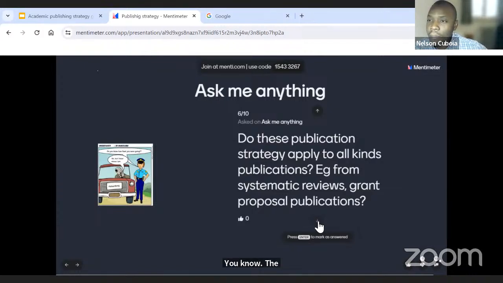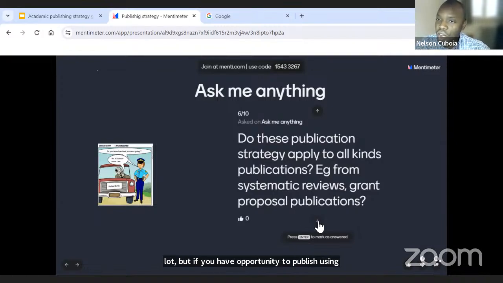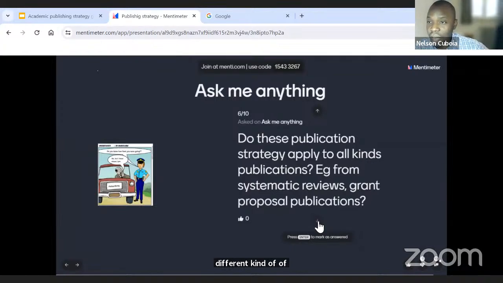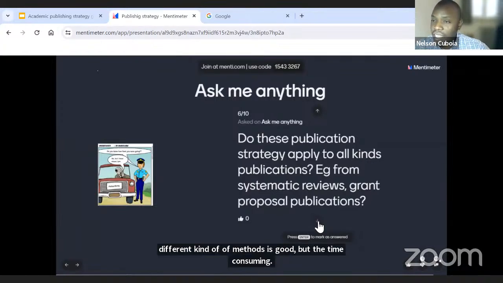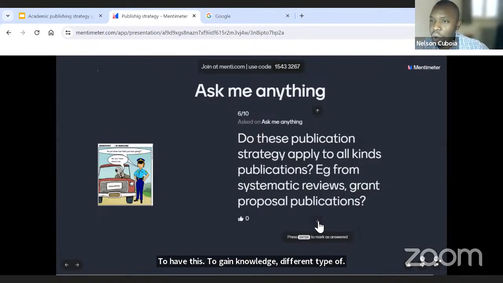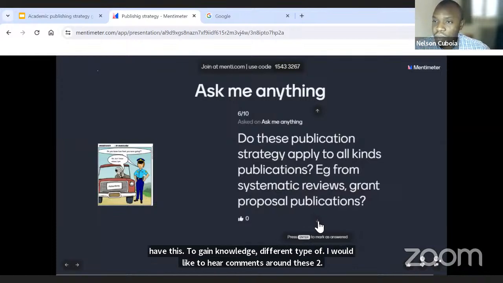And you were talking about this idea, okay, it's better to publish a lot, and if you have the opportunity to publish using a different kind of method, that is good, but it's time consuming to gain the knowledge and different types of strategy. I would like to hear a comment on these 2 points I mentioned. Thank you so much, Professor.